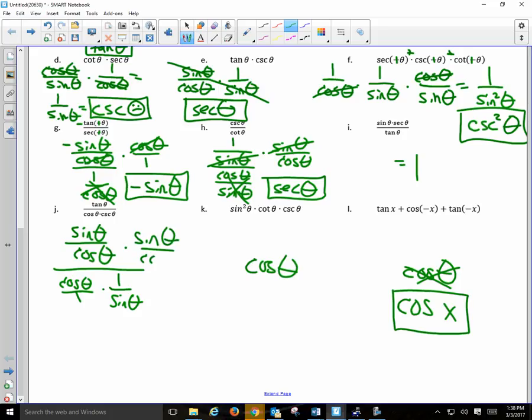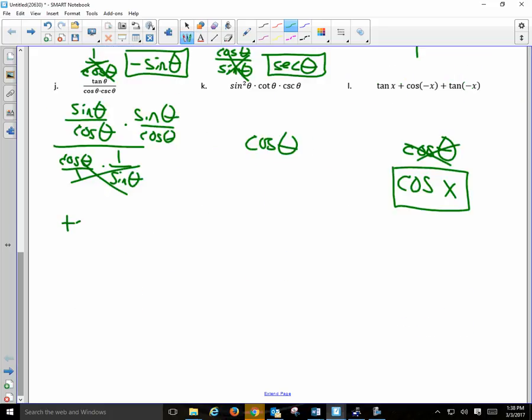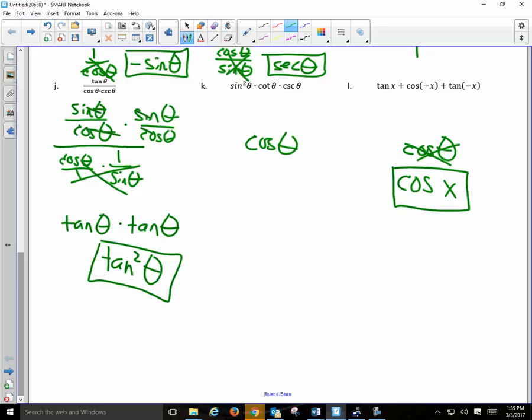Cosine is in the denominator. So what's sine over cosine? Tangent and sine over cosine. And what's tangent times tangent? So what do you think the mistake is that a lot of people make when they do this problem? They start canceling them all off. They get 1. So they just get used to canceling. But they don't cancel. They get squared.